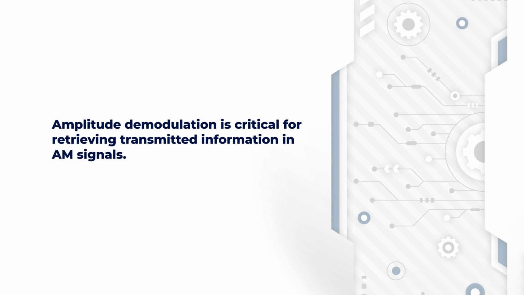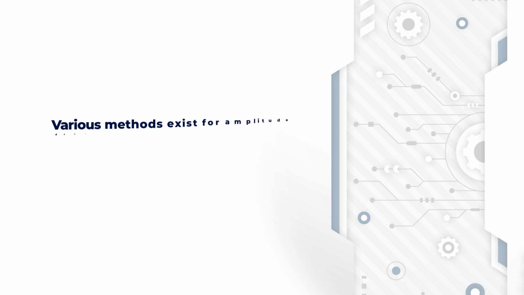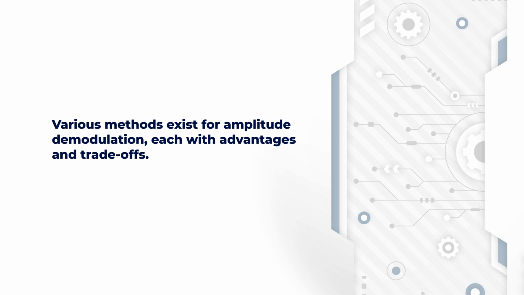In the last, we can conclude that amplitude demodulation is critical for retrieving transmitted information in the AM signal. There are various methods that exist for amplitude demodulation. Each has several advantages and disadvantages.